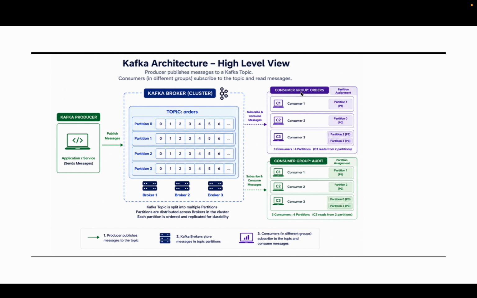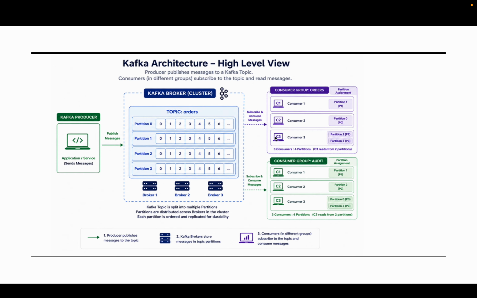Consumer 1 is owning partition 1, consumer 2 owns 0, and consumer 3 we saw is owning partitions 3 and 4, but in the audit group, consumer 3 is owning 0 and 3. As I told you, it is completely up to the Kafka broker to assign the ownership to the consumers, right?